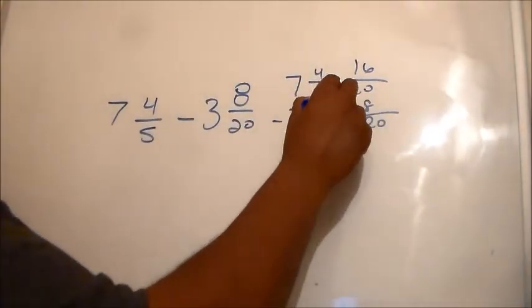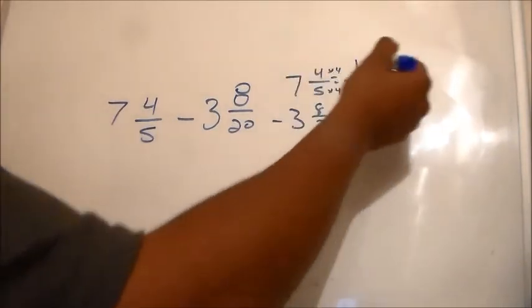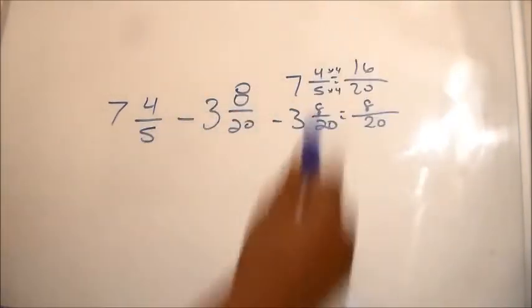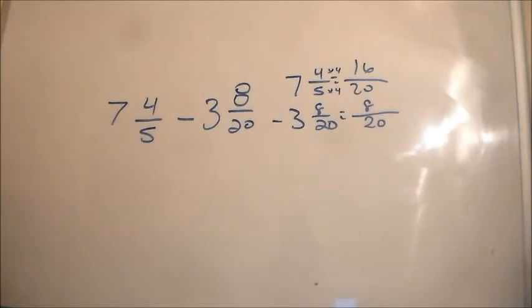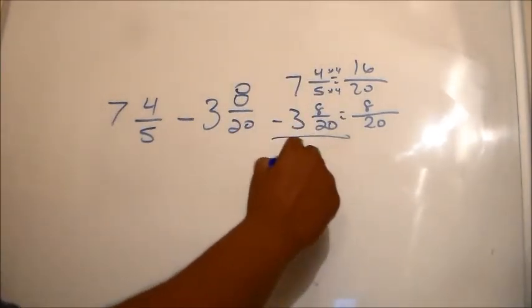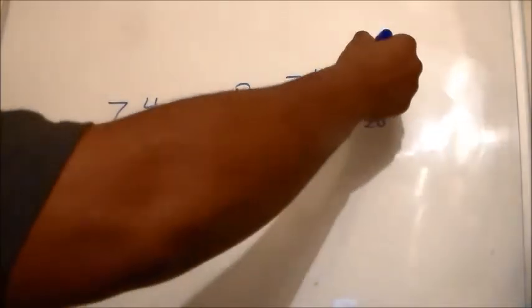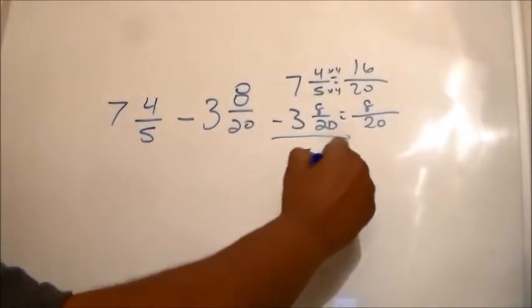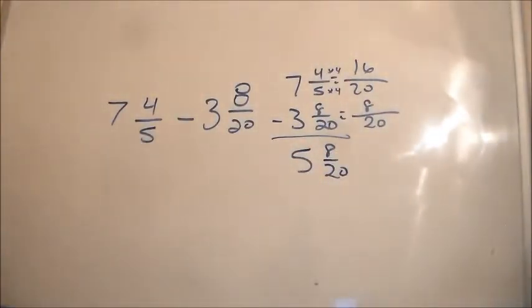We'll have to multiply that by 4 to get 20. We multiply the top to get that to 20ths, 16 20ths. So 7 minus 3 is 5. And 16 minus 8. See how easy that is? So we've selected the better method.